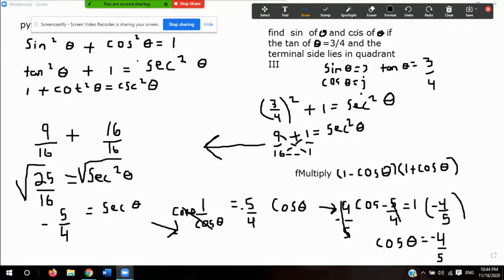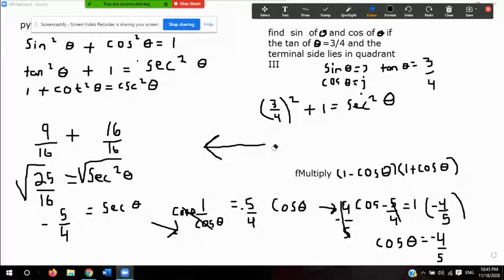So now that I have the cosine of theta, which is negative 4/5, I can find the other missing value, which is the sine. So I'm going to go ahead and erase all this. Again, if you have any questions, you can feel free to review the process.